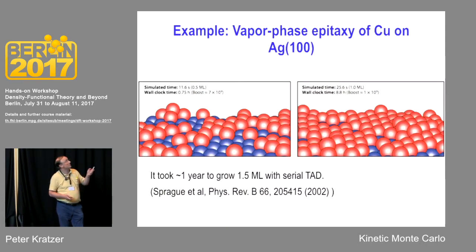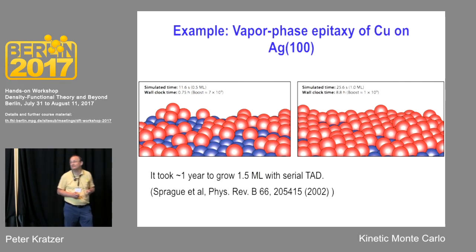And here you see an example from Art Voter and his group. Here they simulated copper on silver, and they simulated deposition of one monolayer on the parallel machine within 9 hours. And I mean, Art Voter is here making the point, if you had done this simulation in 2002 with a serial TAD algorithm, it would have taken you 1 year.